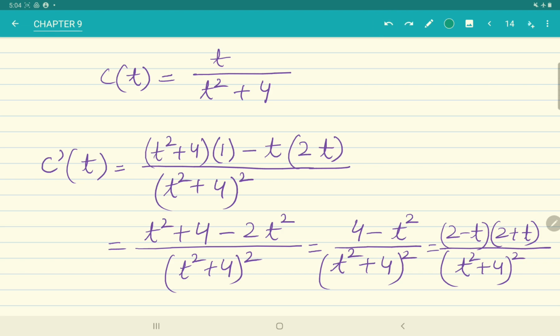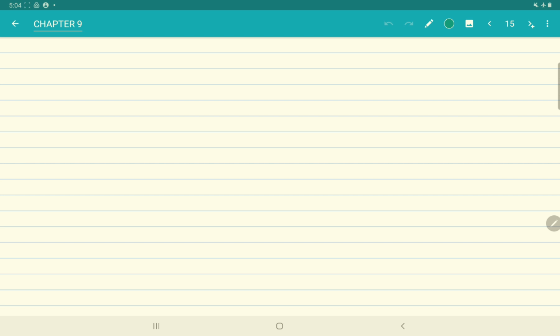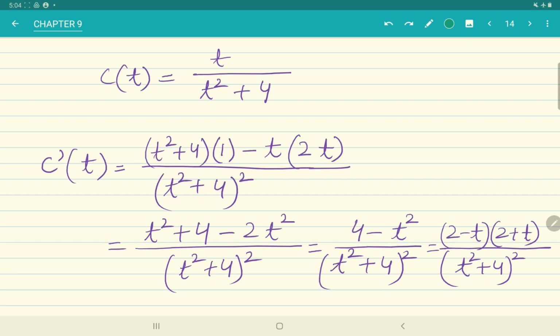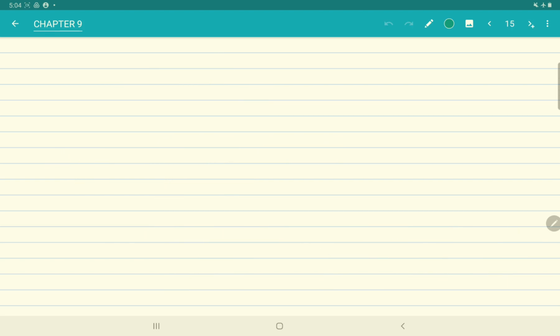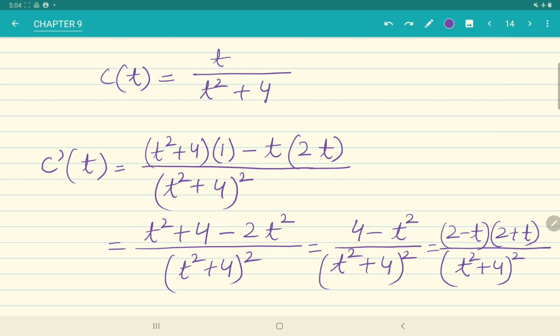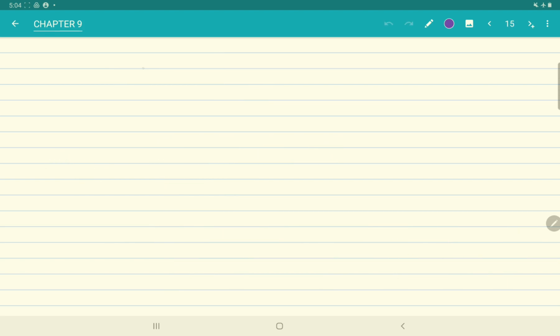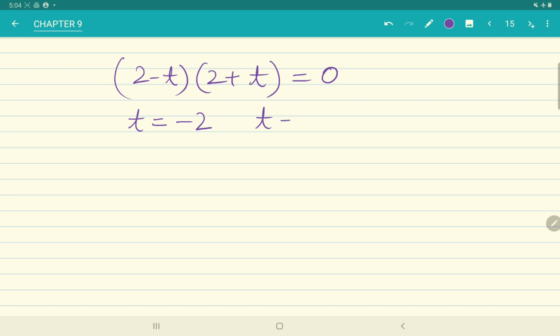The reason I'm talking about this is that if you think of equating C prime t to 0, obviously in this case I can see that the denominator is always greater than 0, and so I will have 2 minus t times 2 plus t equal to 0, and that means t is equal to minus 2, t is equal to 2.